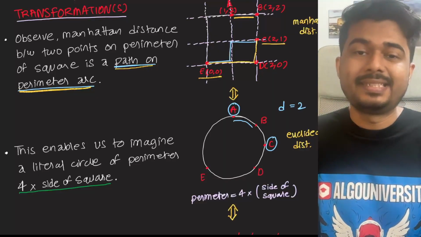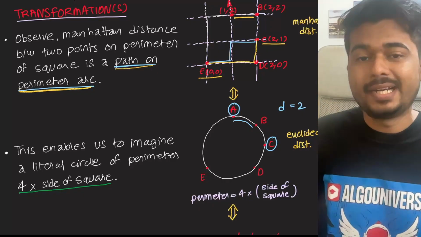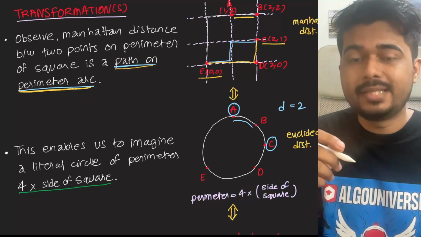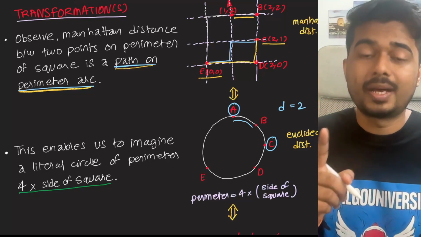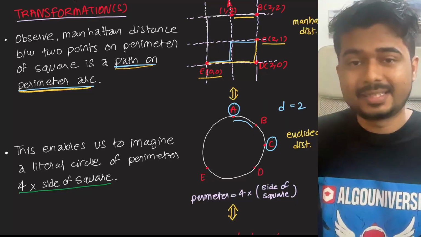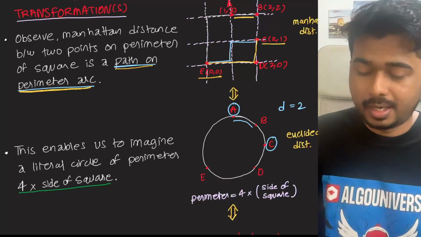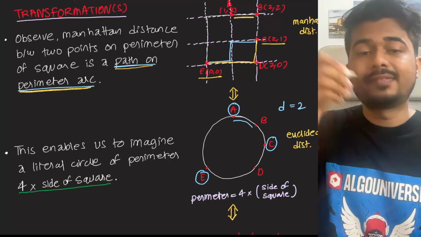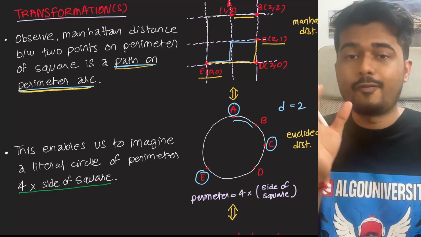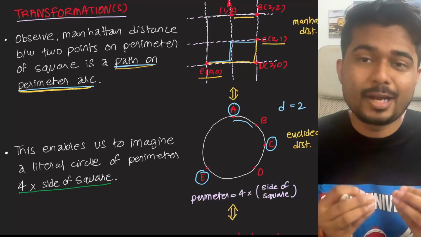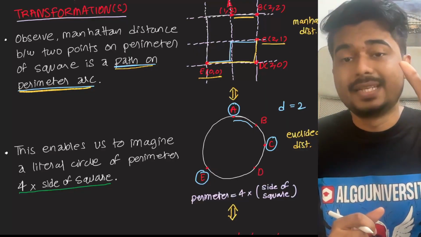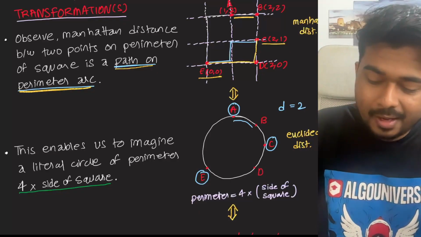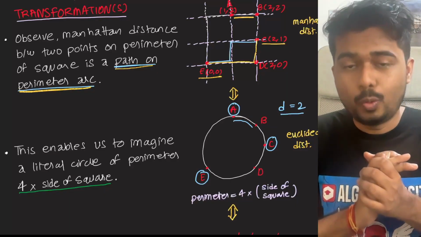And once I've selected C, I'm again going to try to pick the next possible point. I cannot pick the point D because from C to D the arc length is again a distance of 1. I want to pick the next point at distance greater than or equal to 2. So the next point that I can select is going to be E. And once I've selected point E, I have maximized the number of points I could have selected such that the minimum distance between any 2 points is greater than or equal to D, where our D is currently equal to 2.